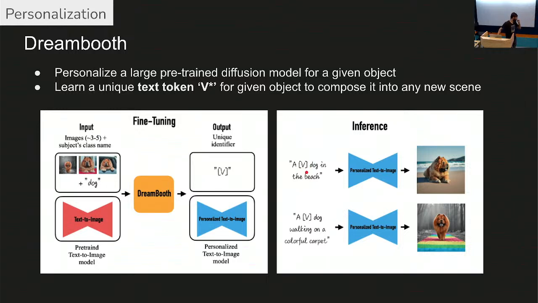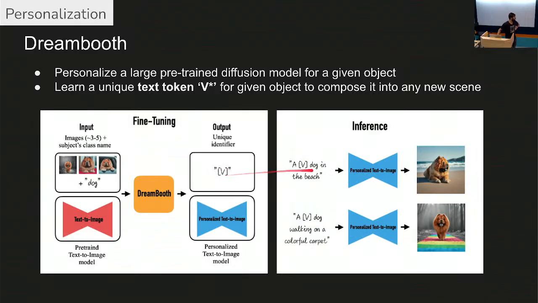They do it in 2 stages. First, they fine-tune this model by adding this token in the text prompt. So you will add "a V dog in the beach", and you will use these 3 images to fine-tune the model. If you naively fine-tune, as I mentioned, it will overfit and will not generate anything else. So you add an additional prior preservation loss, in which you pass normal prompts like "a photo of a dog in the beach" without the V token and generate a few images of that.